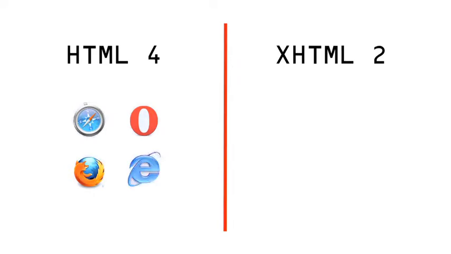And what really made this interesting was, on the side that wanted to iterate on HTML4, you had every single browser representative there in unison agreeing that that was the right path to take.